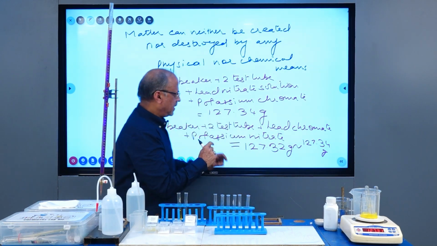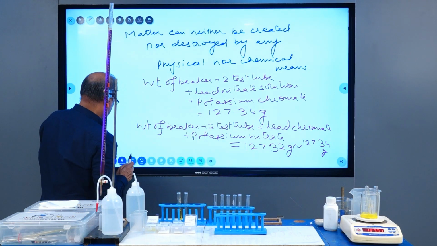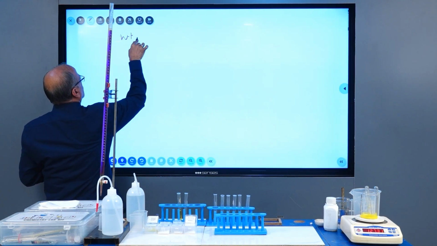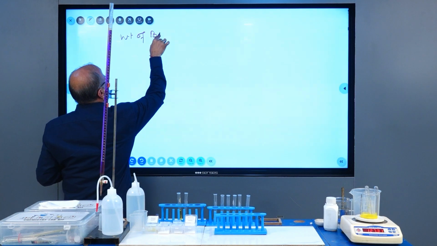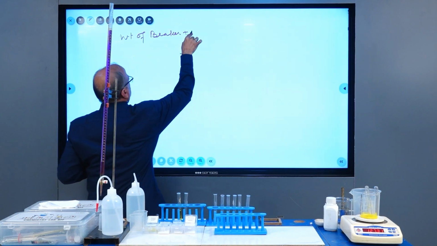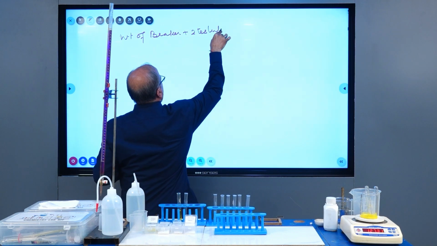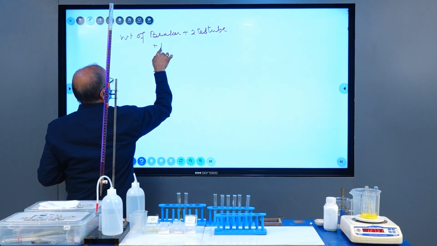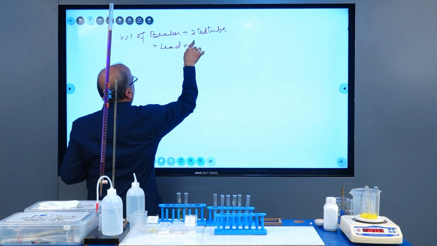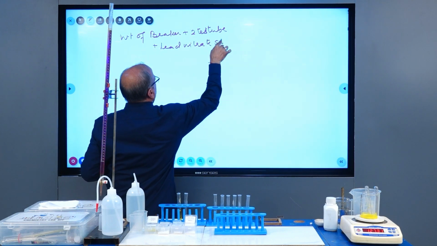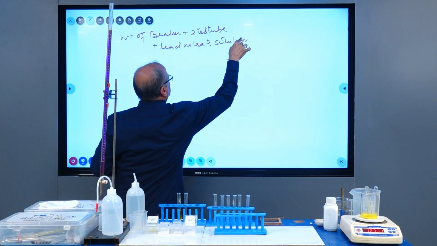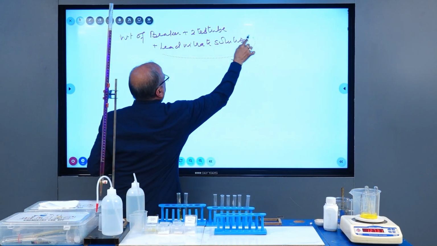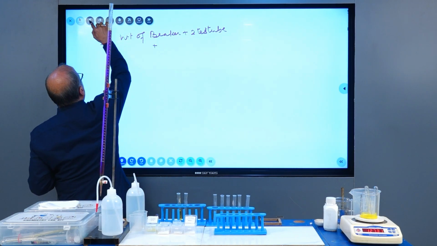I will just write this in the form of a chemical equation here, such that it is easier to understand. So, weight of beaker plus 2 test tubes plus lead nitrate solution. How do I write lead nitrate? The formula will now be written as Pb(NO3)2.